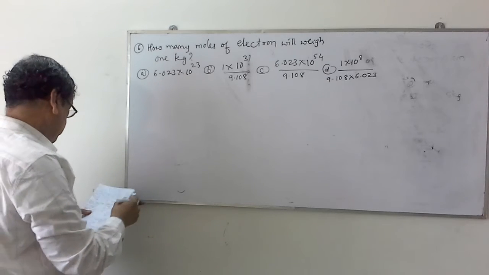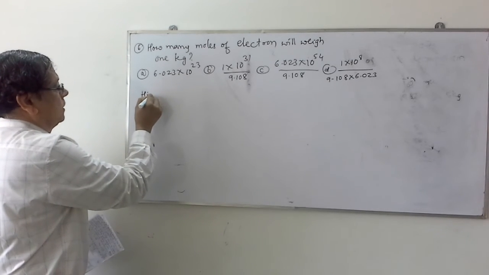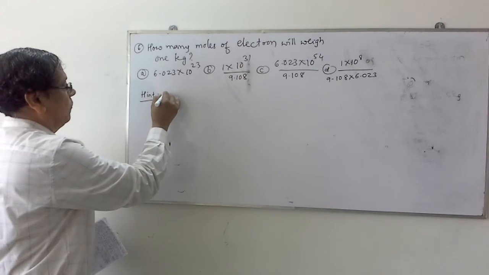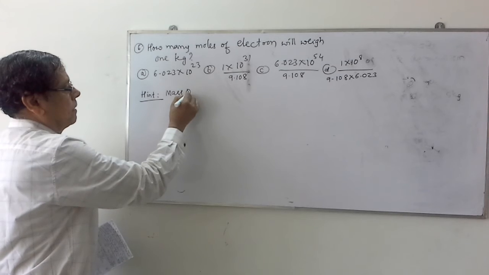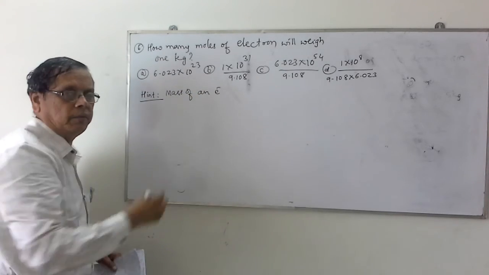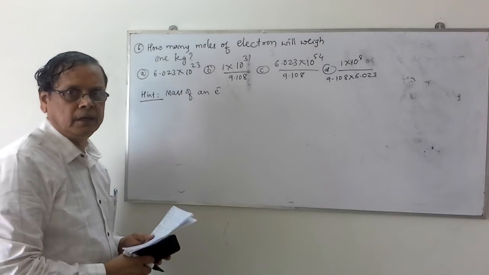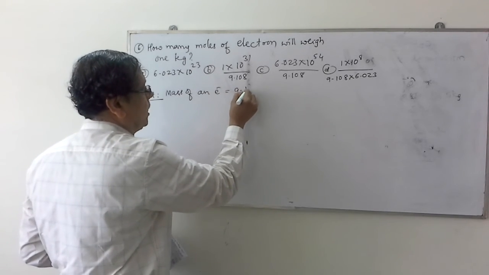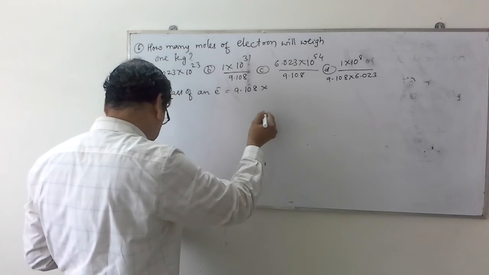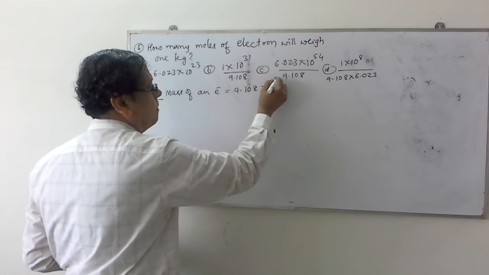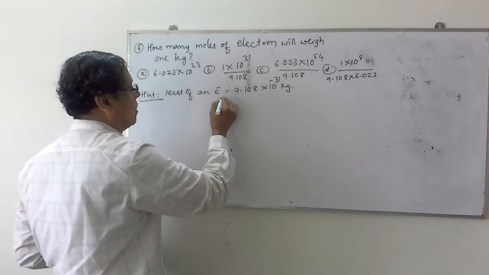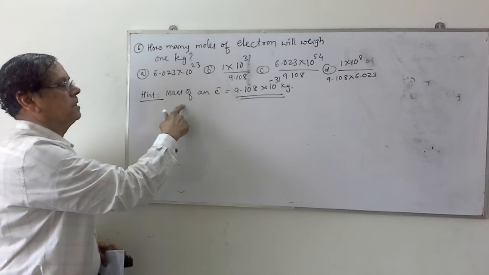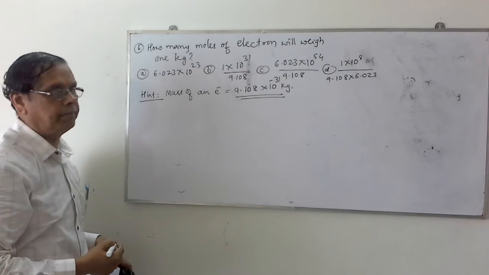Now they have given a hint. Even if it is not given, you are supposed to remember the mass of an electron. This you will be coming across in the atomic structure chapter. There you are supposed to remember that the mass of an electron is equal to 9.108 into 10 to the power minus 31 kg. So one electron will have this much mass. So how many moles of these electrons will give rise to 1 kg?